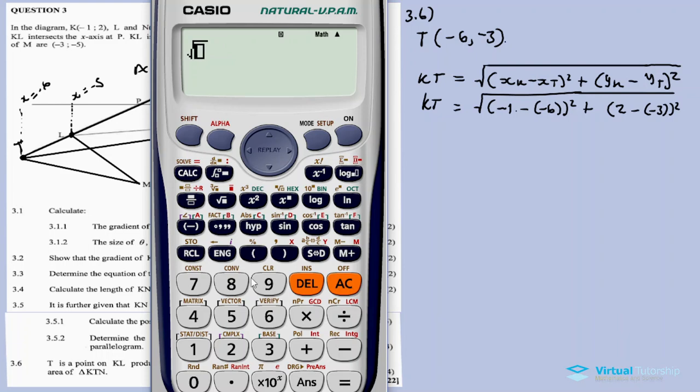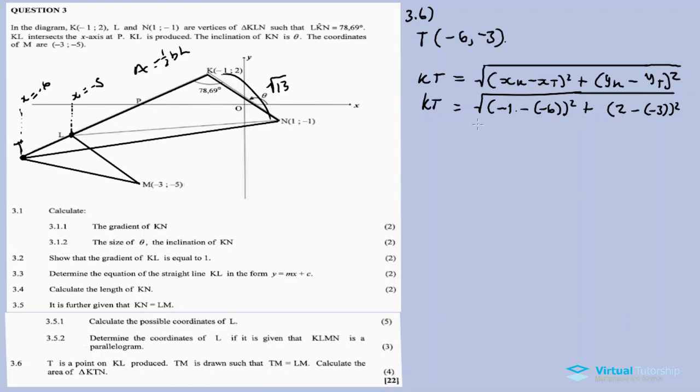Let us go, let us do it quick. -1 minus -6 squared plus 7 plus 6 plus 2 plus 3 squared. This is equal to 5 square root 2. So this is equal to 5 square root 2.